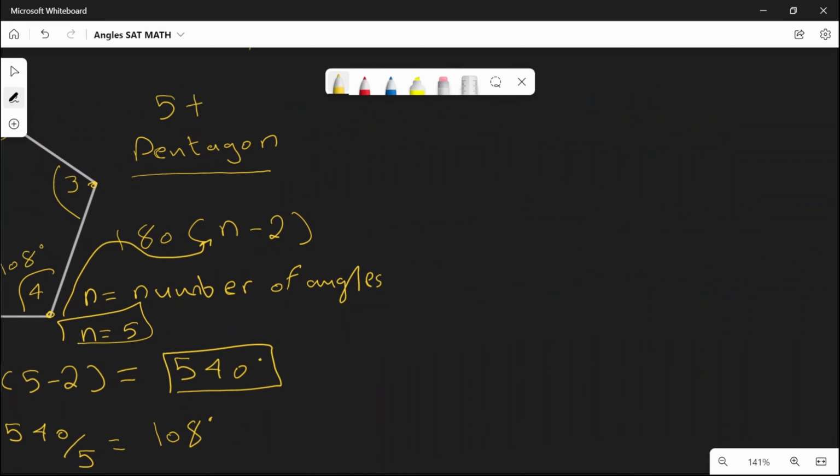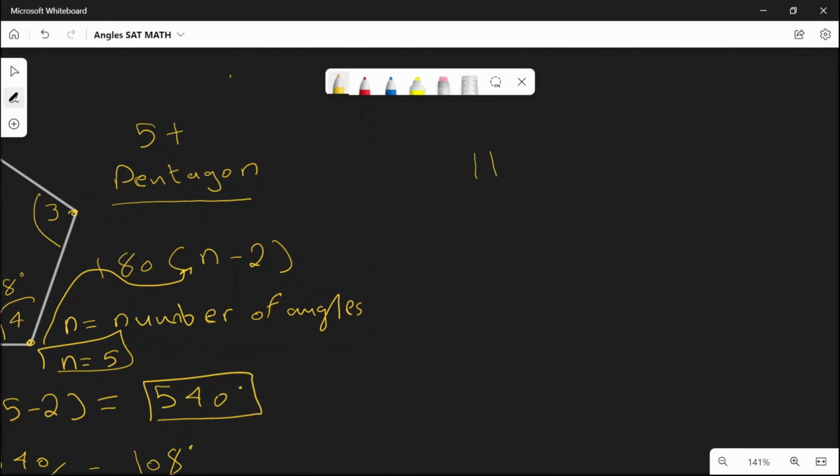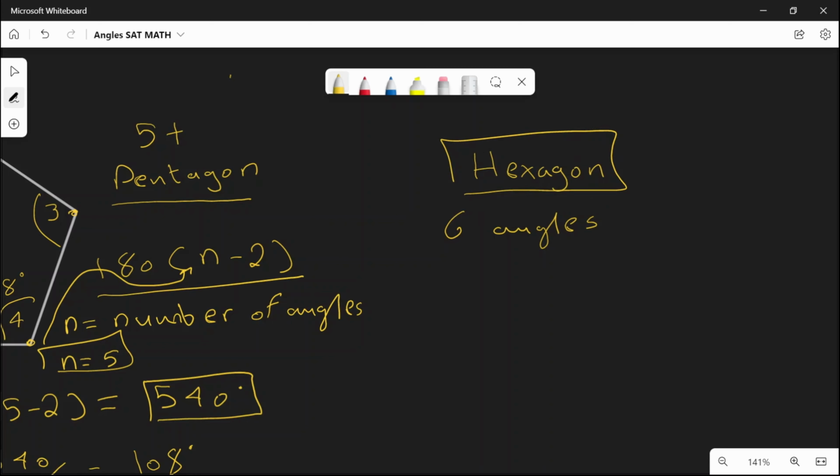Let's take another example. What if we have a hexagon? A hexagon has 6 angles. What is the total measurement of all angles of a hexagon shape? All we're gonna do is apply the formula, which is 180 multiply n minus 2, where n is equal to the number of angles, which is 6.